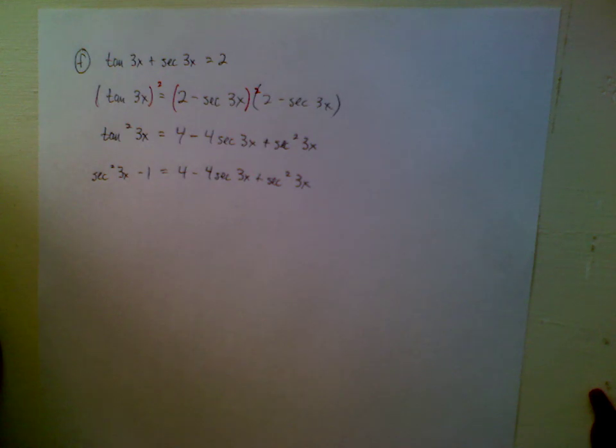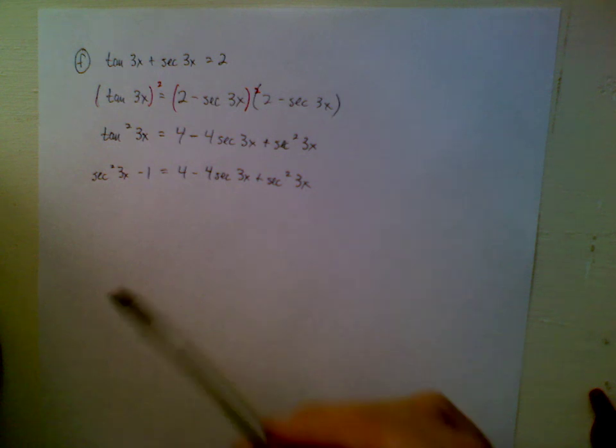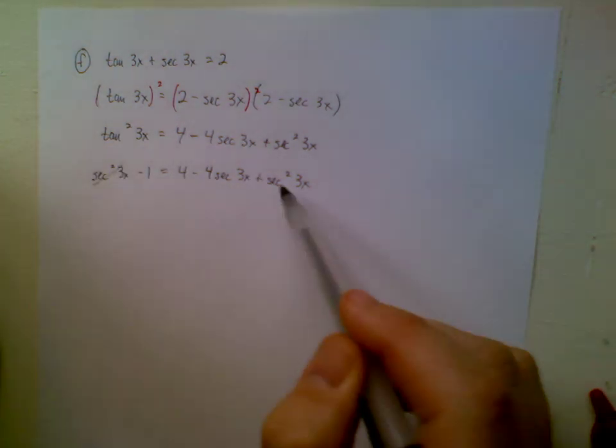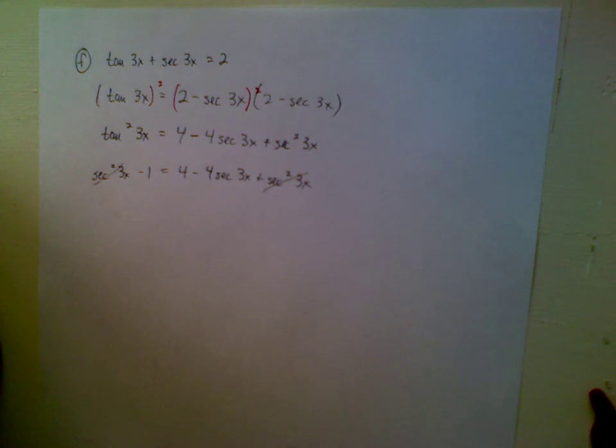And now you see everything is in terms of secant, or secant squared. Actually, now look at how nice this is, because when I move this guy over here, those terms cancel. Very beautiful.